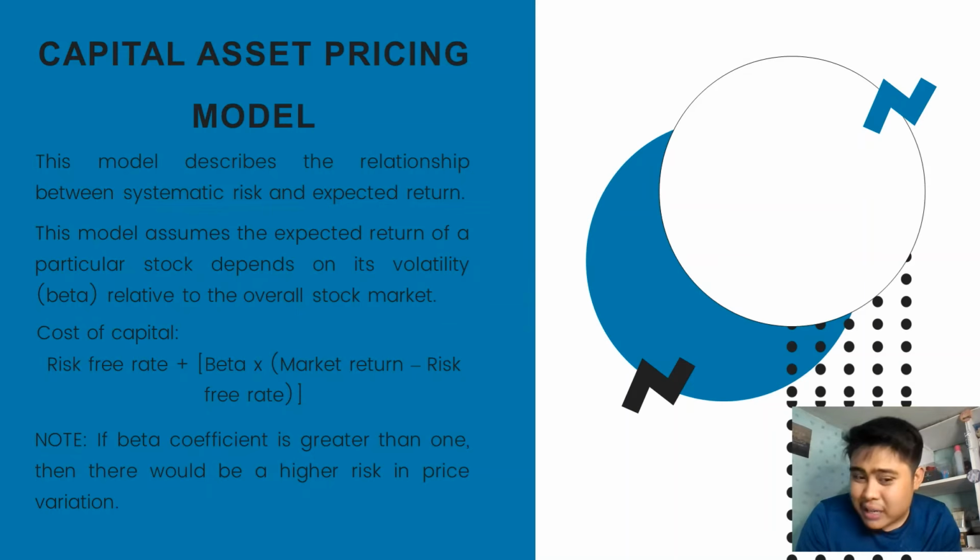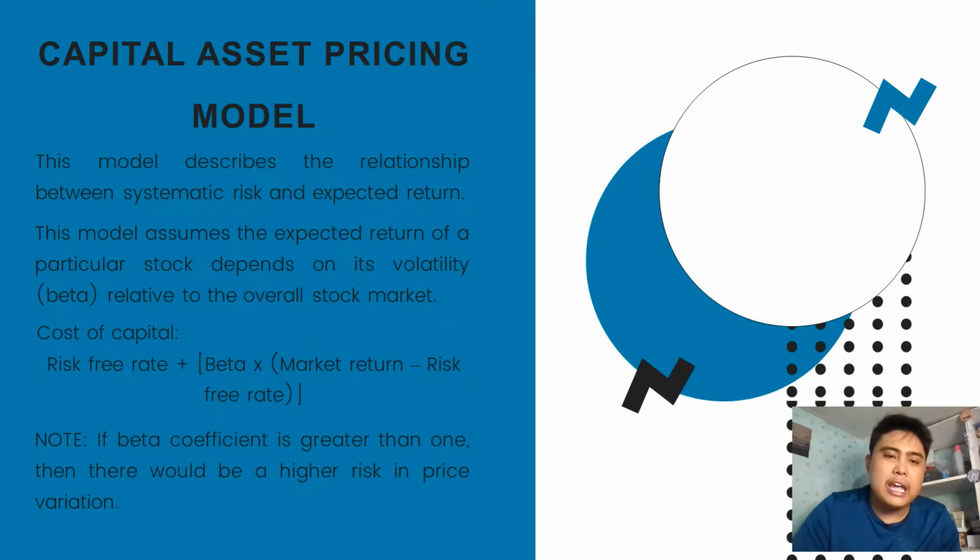So even though nagbigay ng market return at risk-free rate, you cannot still use capital asset pricing model. Therefore, you need to use DGM. Yun yung sinasabi ko na problem solving minsan na magkasama yung dalawang given information pero may kulang sa kabilang model. Kaya wala kang ibang choice kung hindi gamitin yung kabilang model.